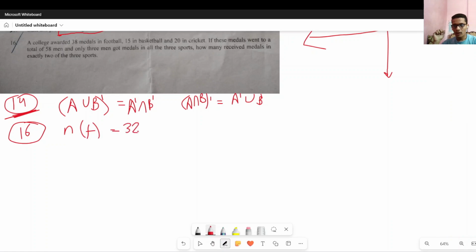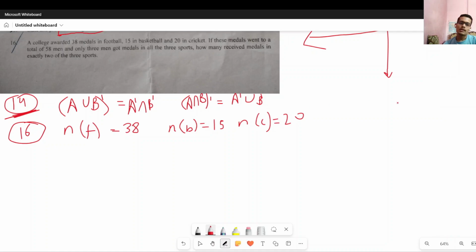And then number of medals in basketball, n of B equals to 15. Then n of C, number of medals in cricket, is 20. If these medals went to a total of 58 men and only 3 men got medals in all three sports, how many received medals in exactly two of the three sports?